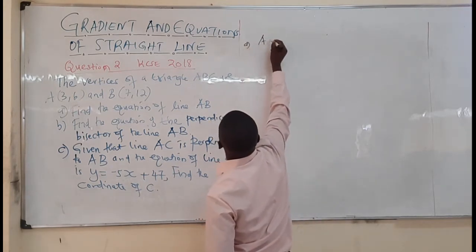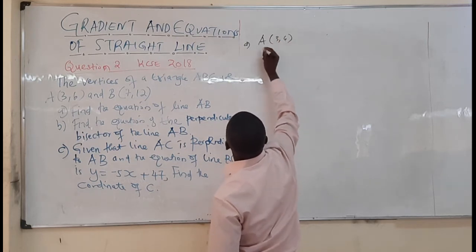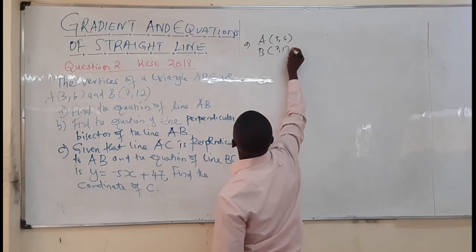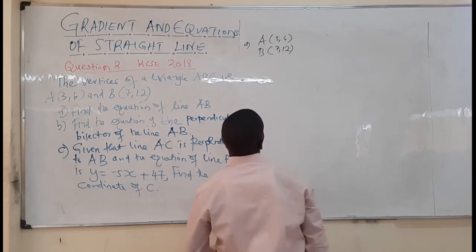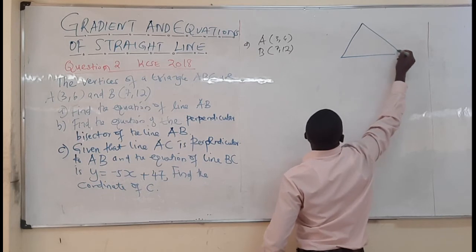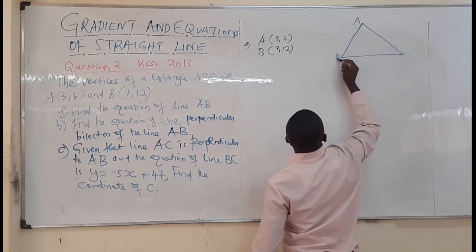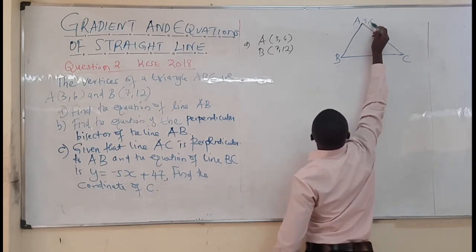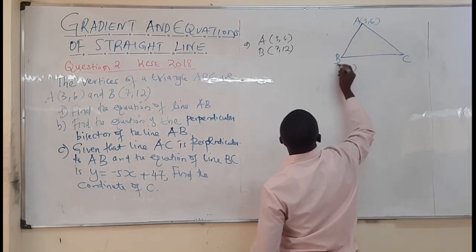We have been given point A, coordinates of A is (3, 6), and coordinates of B is (7, 12). So we have a triangle here, and I have a sketch of it. A, B, C. A is (3, 6). B is given as (7, 12).